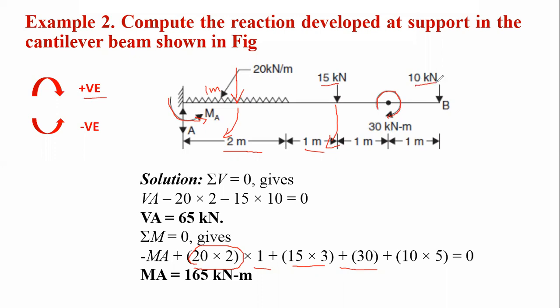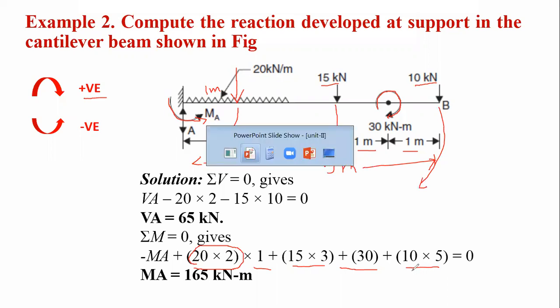And the last one, this 10 kilonewton load: the perpendicular distance from A is 2 plus 1 plus 1 plus 1. Total span is 5 meter. That's why 10 into 5, and it is also making a clockwise moment about point A, so it is taken as positive. Now let us solve the terms.